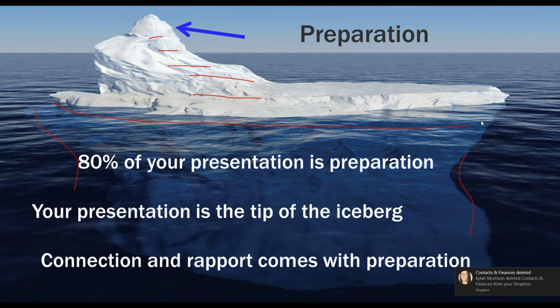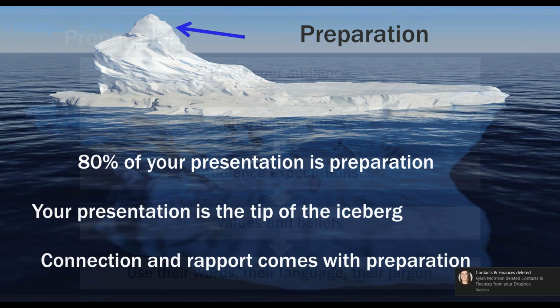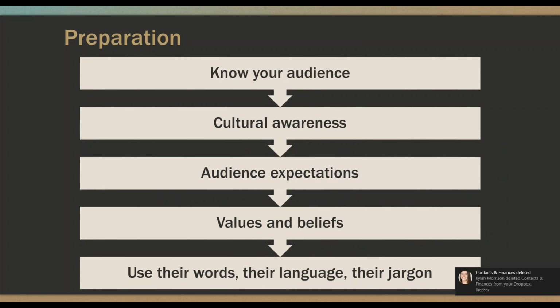Let me explain just a little bit further around preparation. What do I mean? Know your audience. Walk 30 moons in your enemy's moccasins. That's a native North American saying. You need to walk 30 moons in your enemy's moccasins before you understand them. Cultural awareness.